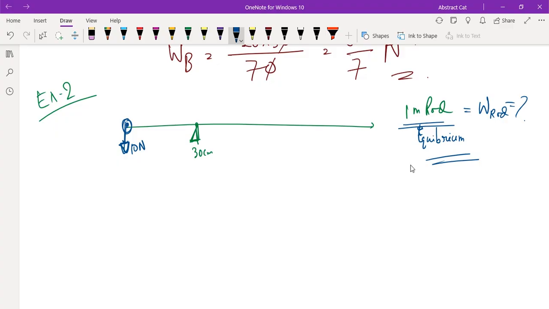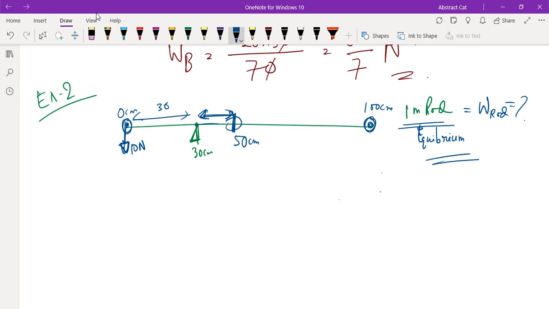Calculate the weight of the rod. 10 Newton is suspended at the 0 centimeter mark, the end is the 100 centimeter mark, and the fulcrum is at the 30 centimeter mark.